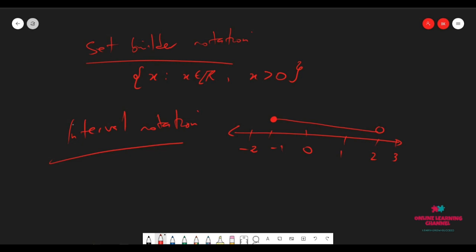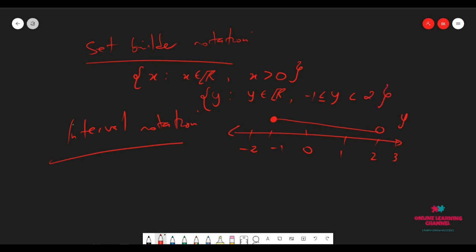So that means we're saying whatever value is equal to -1 or is between these two values. So if, let's say, this was our variable y, we'd say that y such that y is an element of real numbers, and then y is greater than or equal to -1, but y is less than 2.